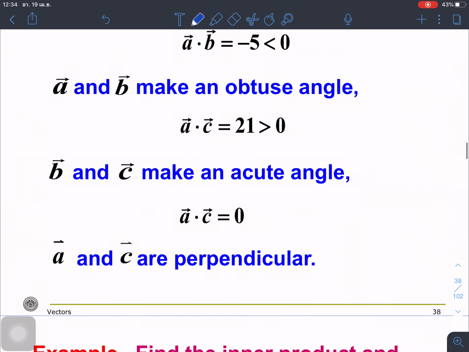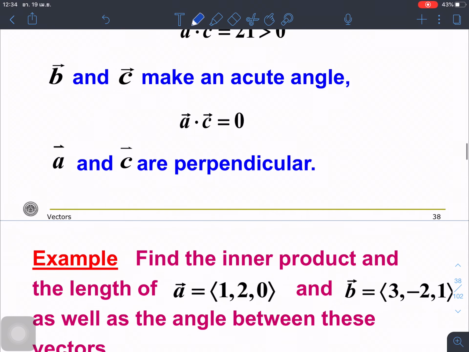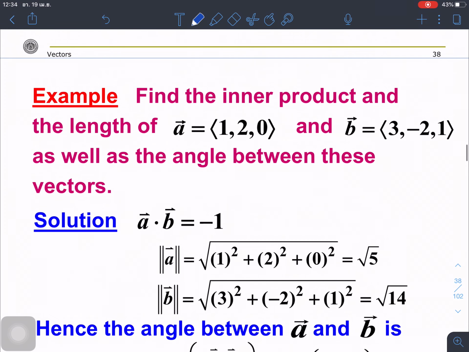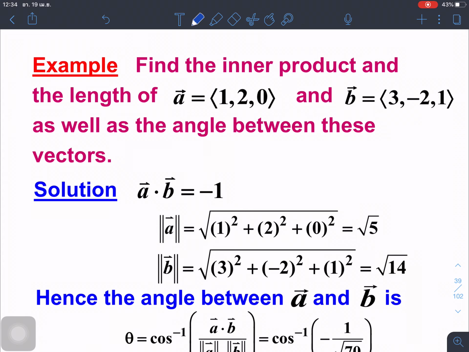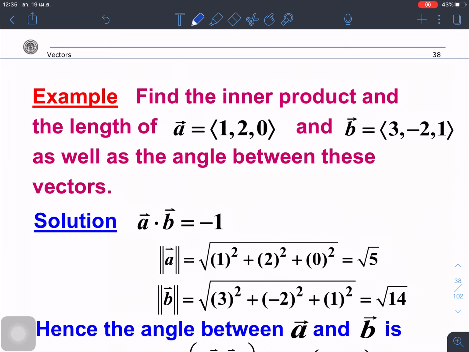Here's the conclusion that I just explained to you. Now let's take a look at the example. Find the inner product and the lengths of vector A and vector B, as well as the angle between these vectors. First you find the dot product of A and B, and you will get -1. The reason is 1 times 3 plus 2 times -2, plus 0 times 1, gives 3 minus 4, which is -1.